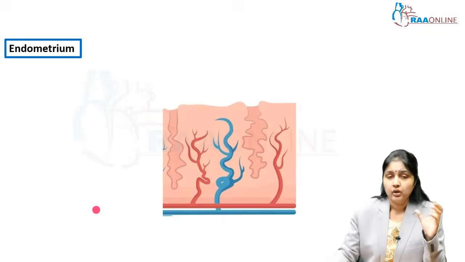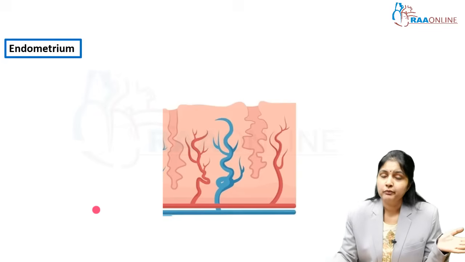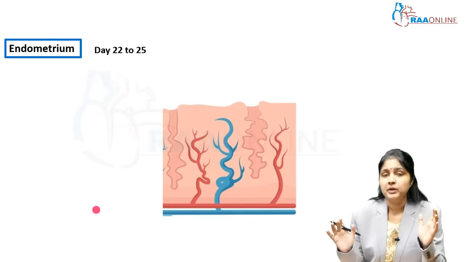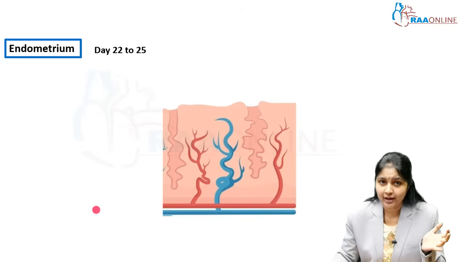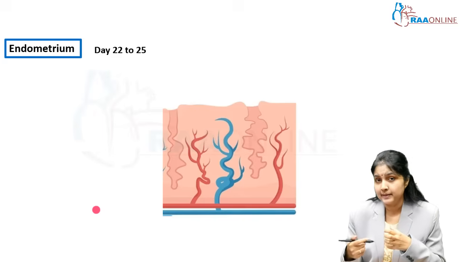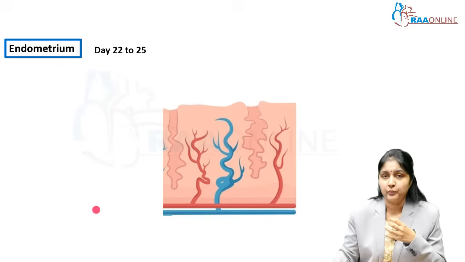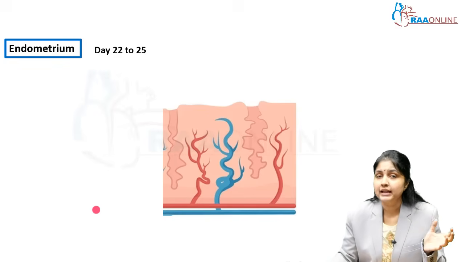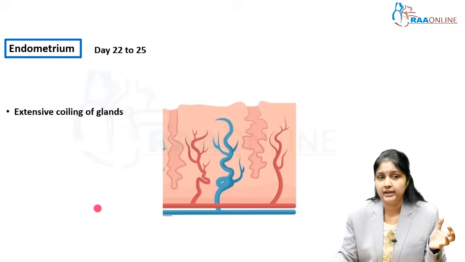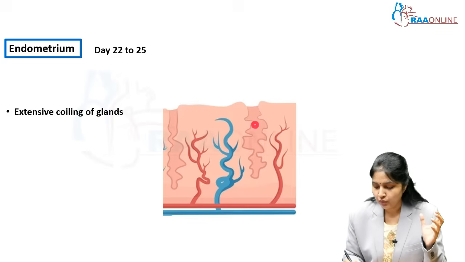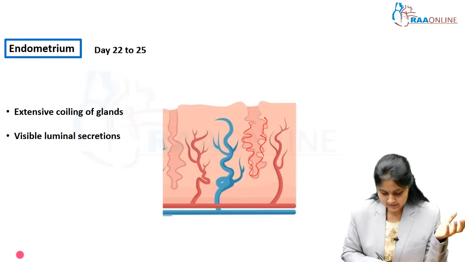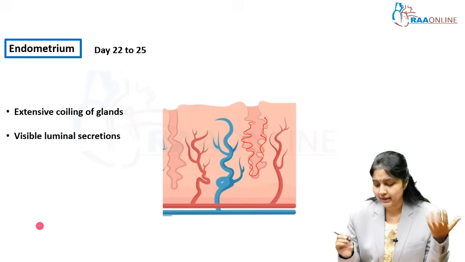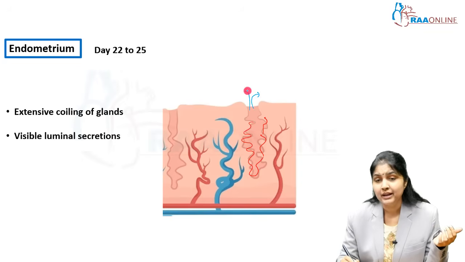Now, what happens to the endometrium following this? Around day 22 to 25, approximately a week after ovulation, the endometrium readies itself for receiving the embryo. During this time, a lot of secretory changes happen in the endometrial layer. The glands become more coiled to increase their surface area and also become much bigger, and they start producing copious amounts of secretions.